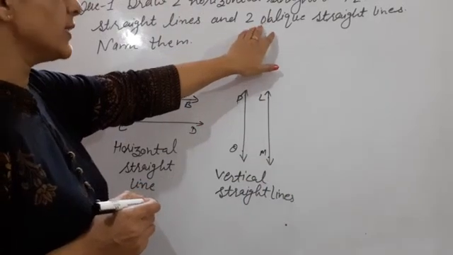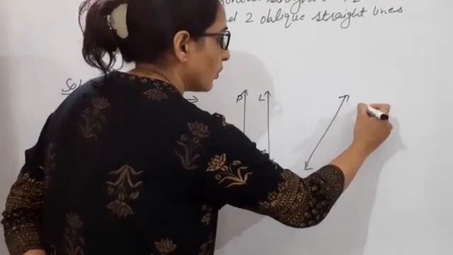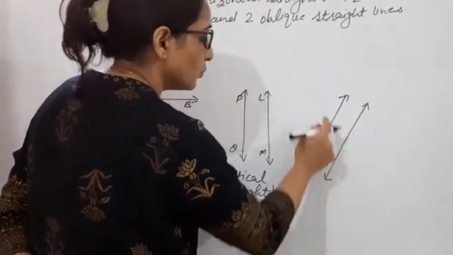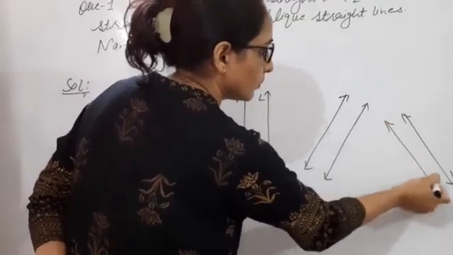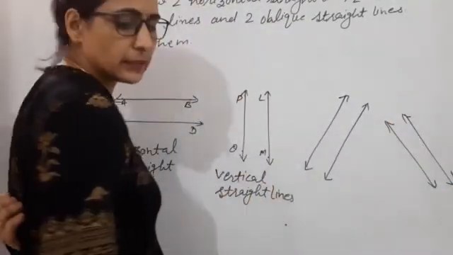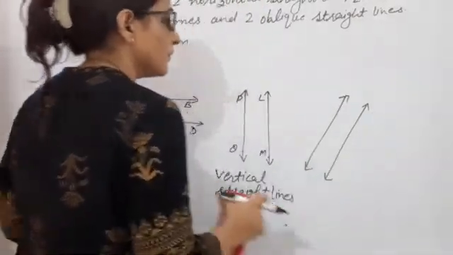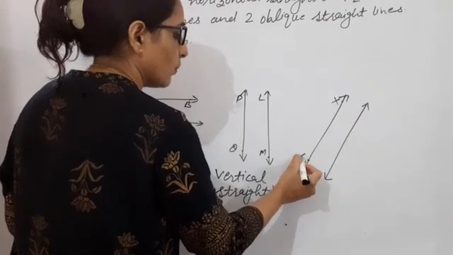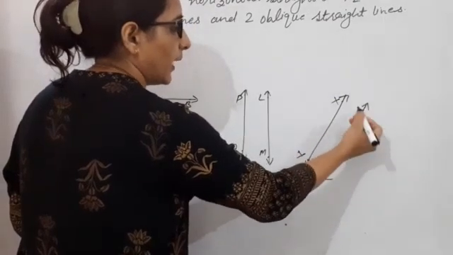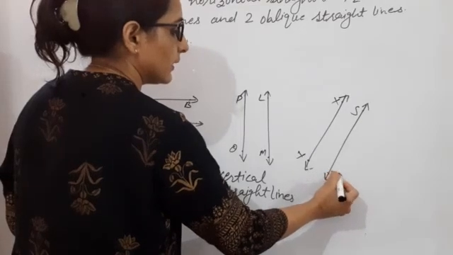You can say that slanting. Clear? So two of your, you can draw like this one and like this one also. Both are correct. Clear? So draw two slanting. You can give the name like X, Y and here S and T. Clear?